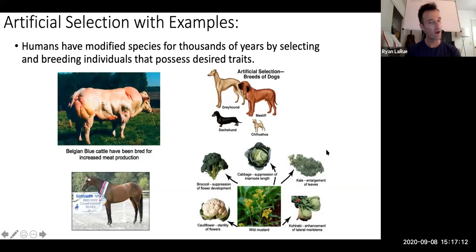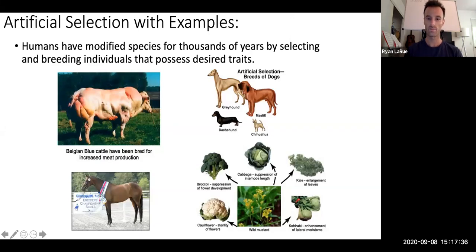Broccoli would not exist, just like these dogs and prize-winning horses, if it were not for human beings. I kid you not, because we bred so many, they come from the wild mustard plant. In fact, all of these different vegetables came from one species of wild mustard. Crazy.